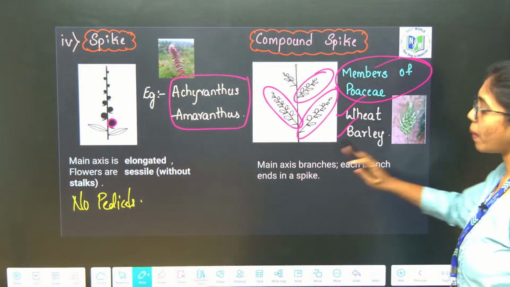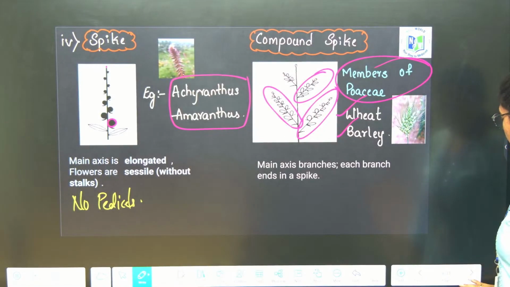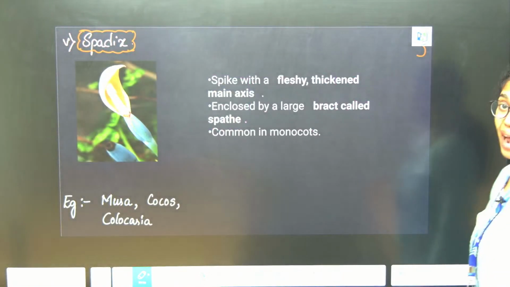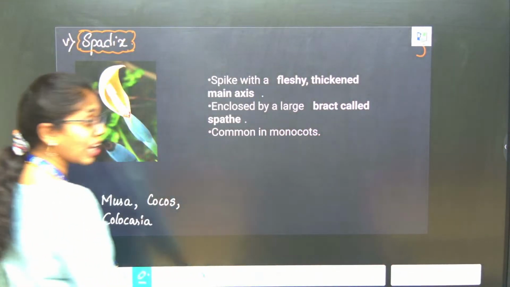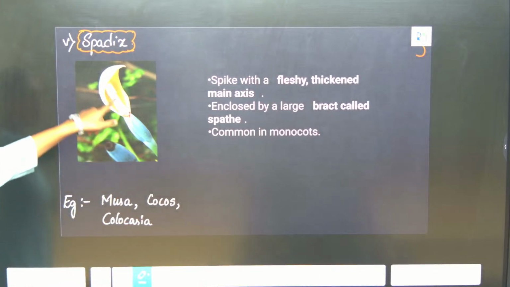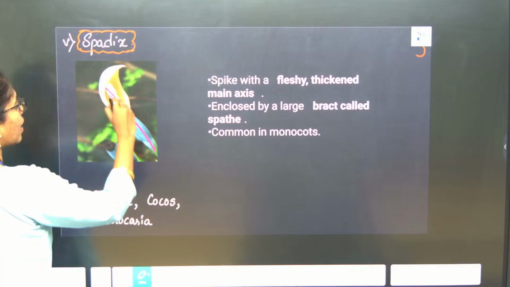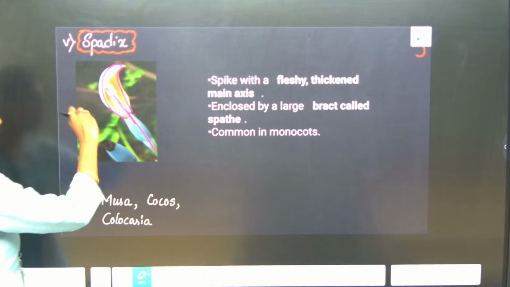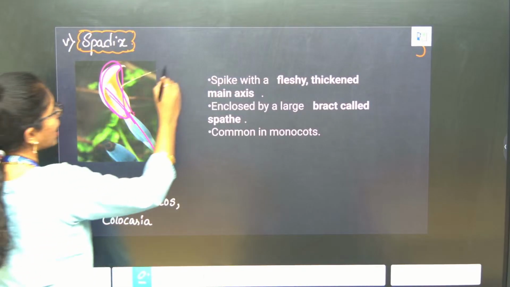This is simple spike and compound spike, where there are no pedicels or stalks. Remember as such. Next is spadix. Spadix is spike type of inflorescence only, but it is fleshy, with a thickened main axis, covered by a long sheath-like, bract-like structure. This is called spathe.